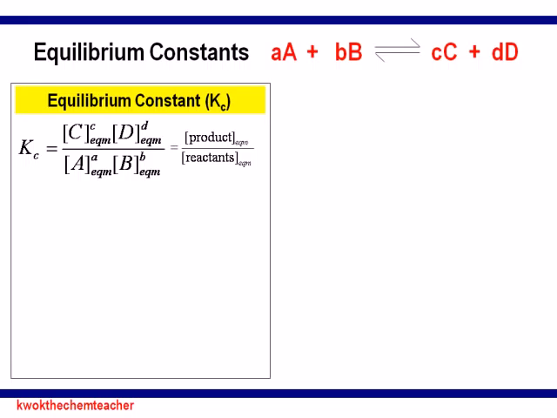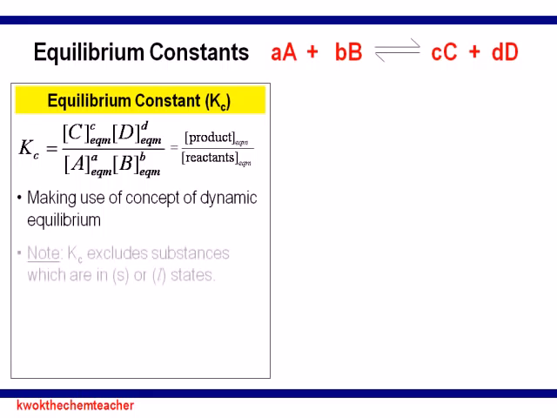Essentially, the Kc is just the concentration of the products at equilibrium divided by the concentration of the reactants at equilibrium. So in the equilibrium constant, you are making use of the concept of dynamic equilibrium. Do note that the Kc expression excludes substances which are in the solid or liquid states.